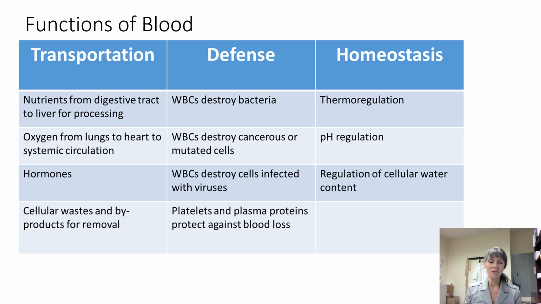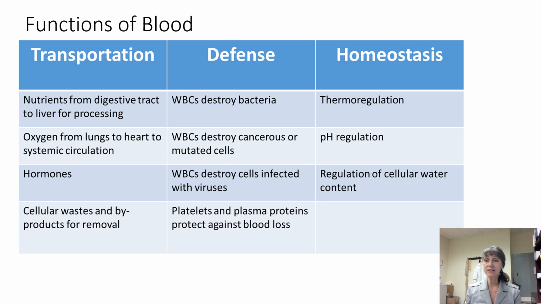Homeostasis comes in three different ways. Our blood can help us regulate our body temperature, and that's because there's a large water component in blood, and water is a good medium for heat. Our blood also helps us regulate our level of acidity, our pH, and blood also helps us regulate how much water is in our bodies.